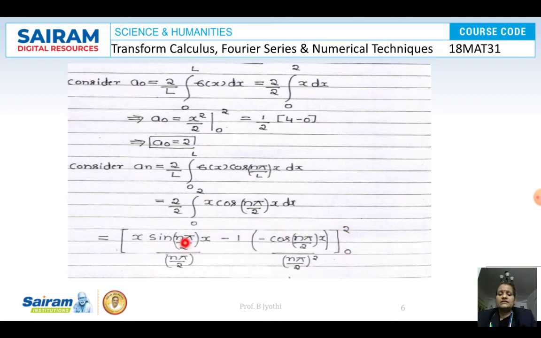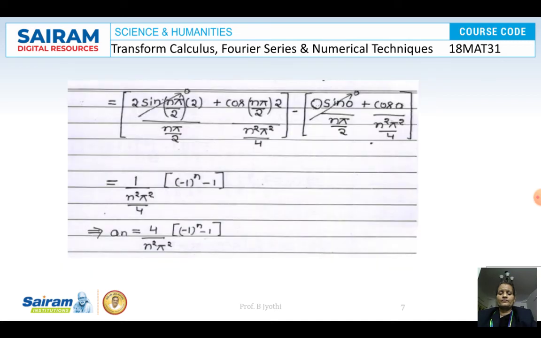Again, this sin term is going to be 0 whether you substitute 2 or 0, because when we substitute the upper limit 2, this 2 cancels with this 2, and sin n pi is 0. Similarly, when I substitute the lower limit 0, sin 0 is 0, and x is also multiplied, therefore it will be 0. So the first term and the third term, which consist of sin, become 0.